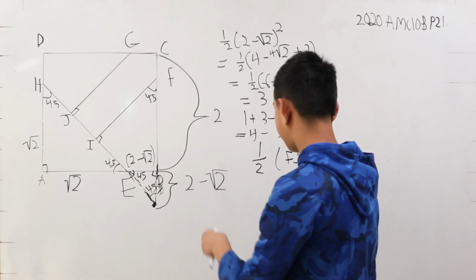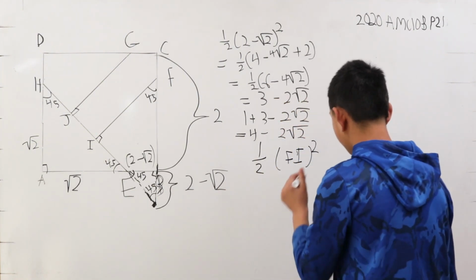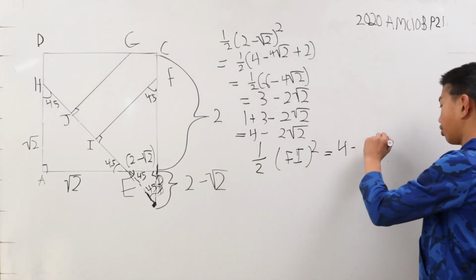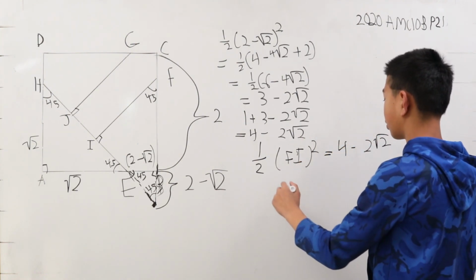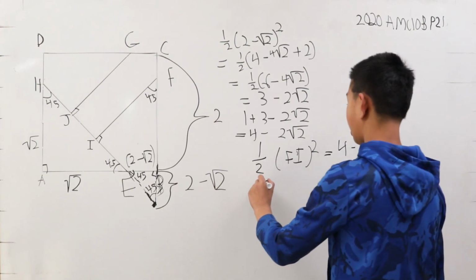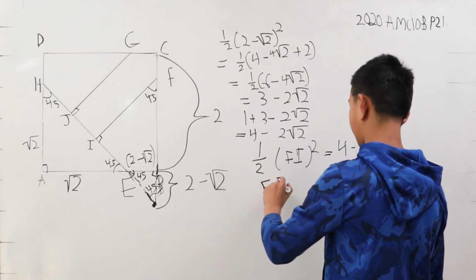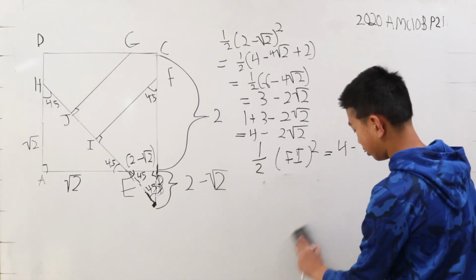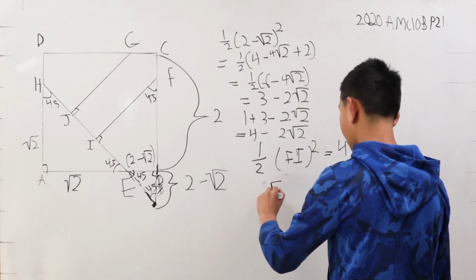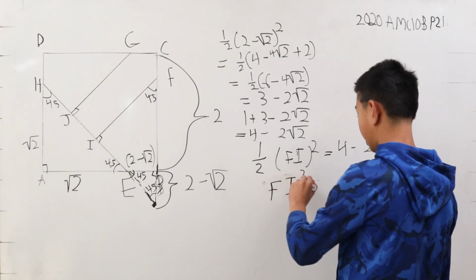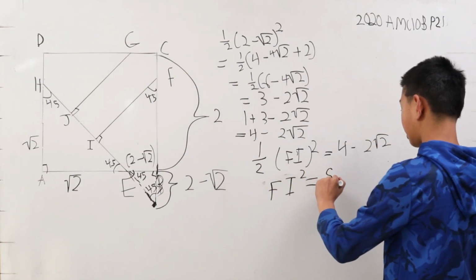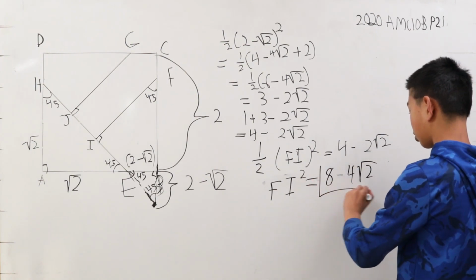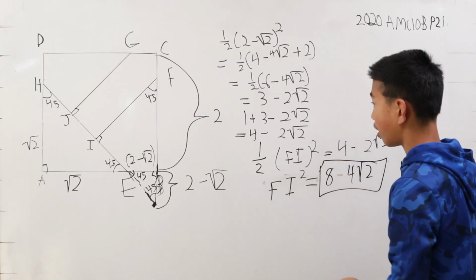Since this is a right isosceles triangle, this is going to be 4 minus 2 root 2. We want to find FI squared, so we multiply both sides by 2. FI squared is equal to 8 minus 4 root 2. And this is going to be our answer for FI squared.